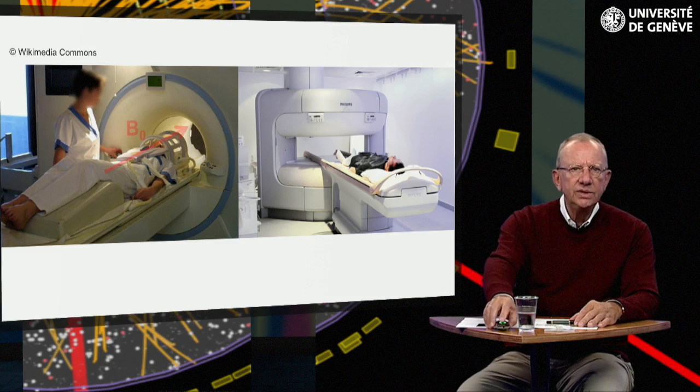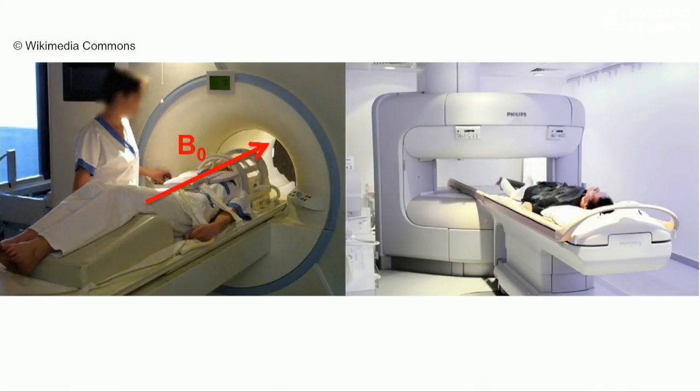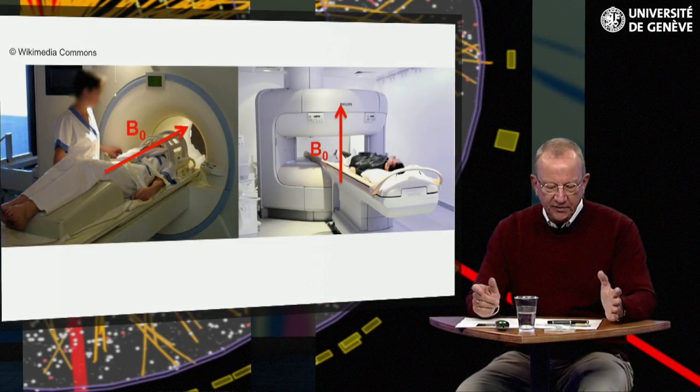The patient is introduced into a solenoid or between two Helmholtz coils, as in these two examples. They provide the field B0 of typically a few Tesla. Additional coils adapted to the body region under examination provide the magnetic field gradient.